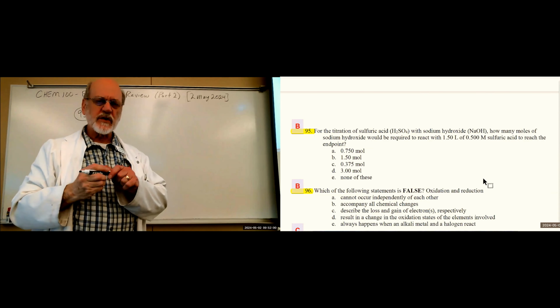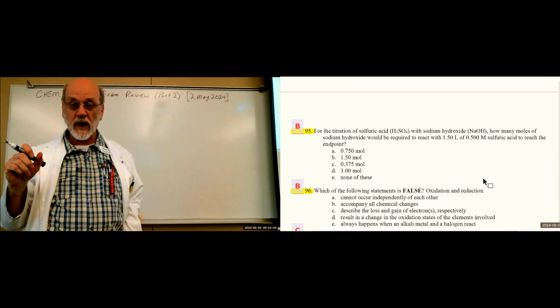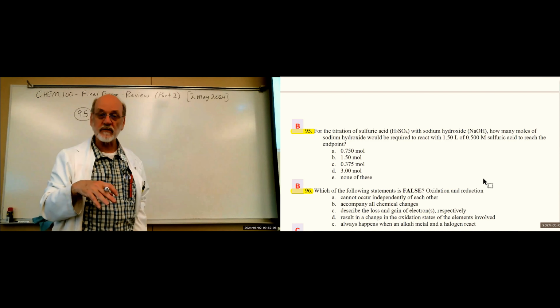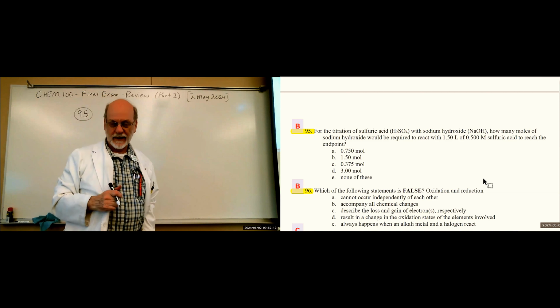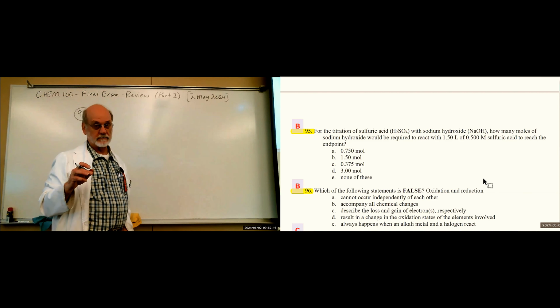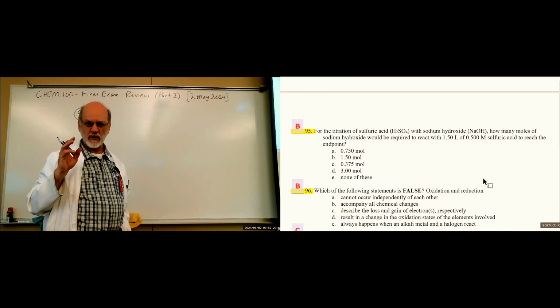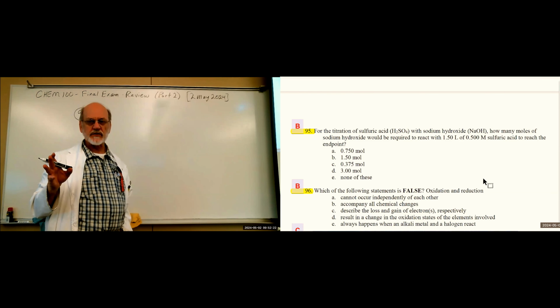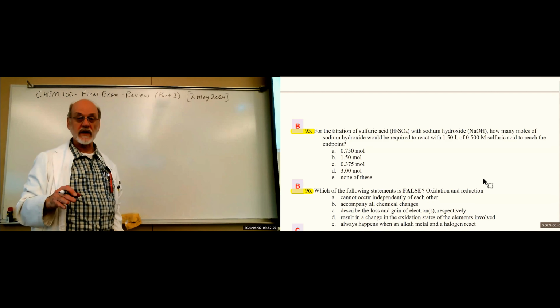For the titration of sulfuric acid with sodium hydroxide, how many moles of sodium hydroxide would be required to react with 1.5 liters of 0.5 molar sulfuric acid to reach the endpoint? All right. There are 2 approaches to this one. Probably the easiest one, the more secure one, is to build the equation for the reaction and then work it as a stoichiometry problem.